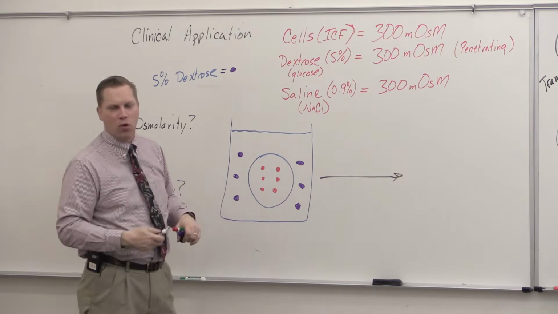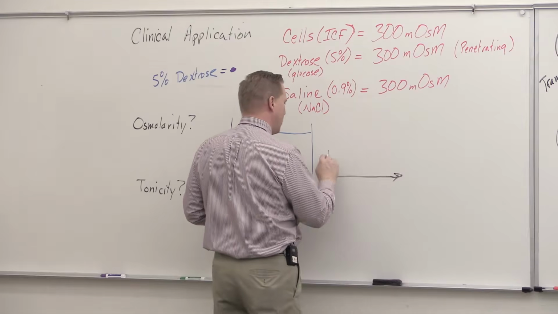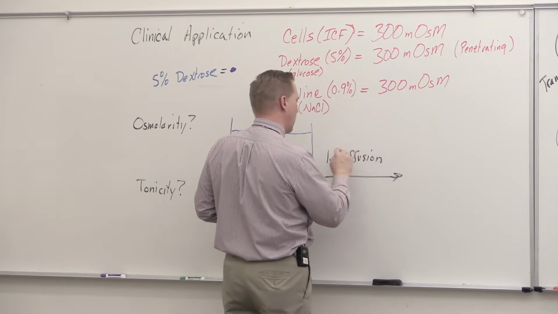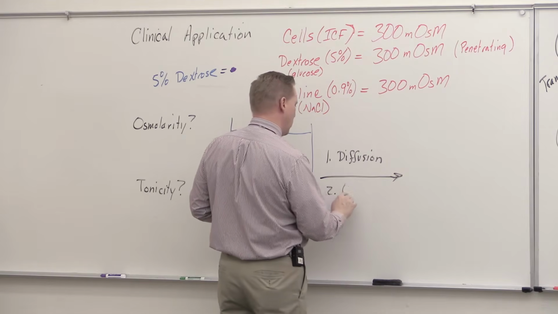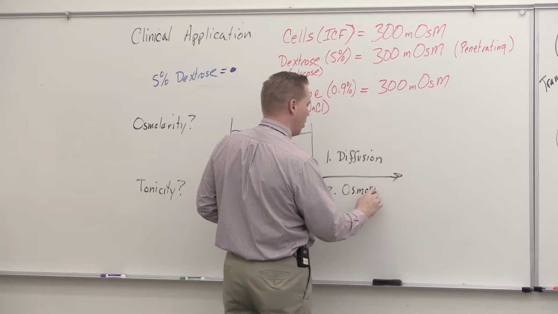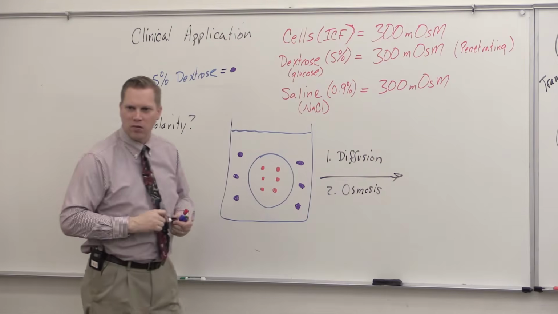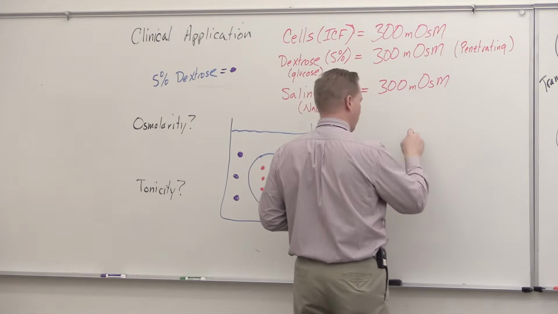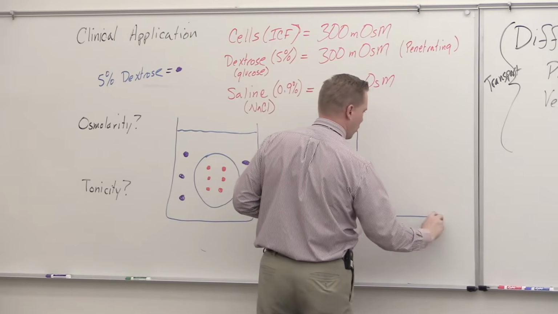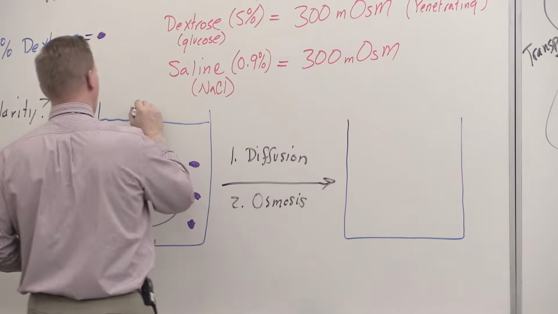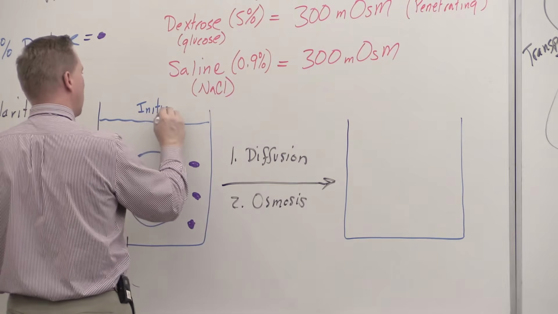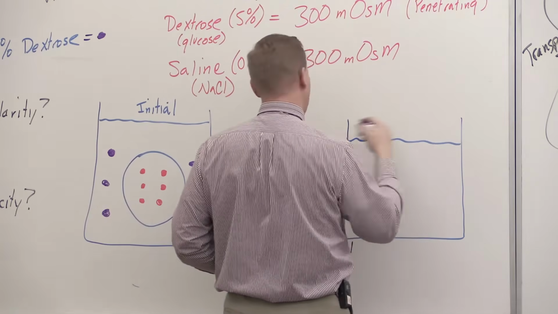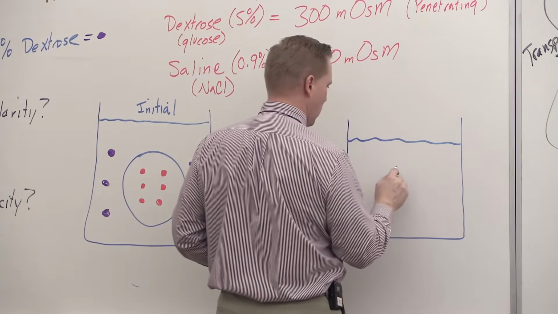Some things are going to move. We have to first consider the effect of diffusion, and then after that, we have to consider the effect of osmosis. So, let's redraw this chamber and look at those 2 effects. So this was a cell at our initial conditions, right when we dropped it in. And then after diffusion and osmosis occur, what does it look like?